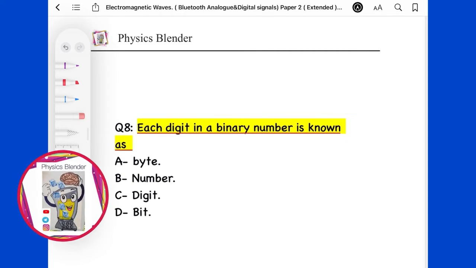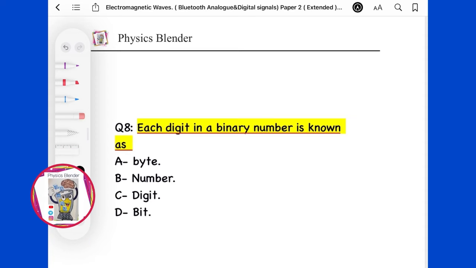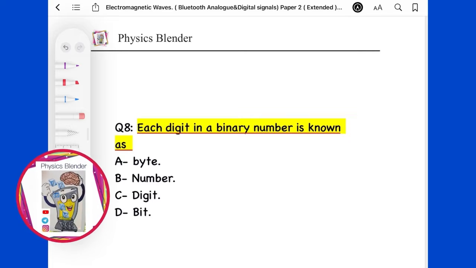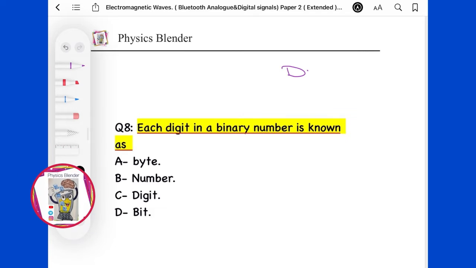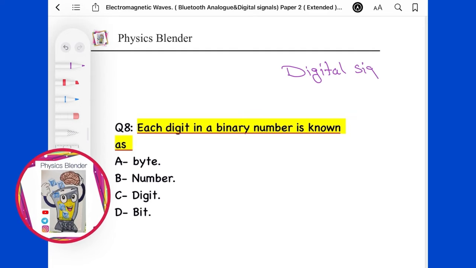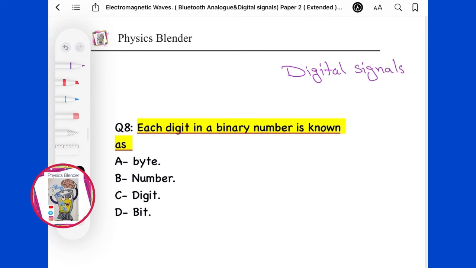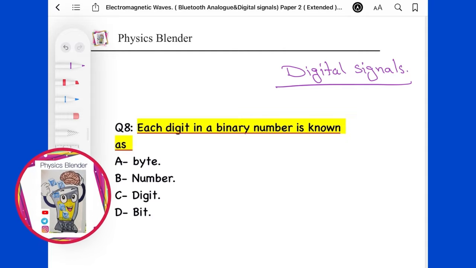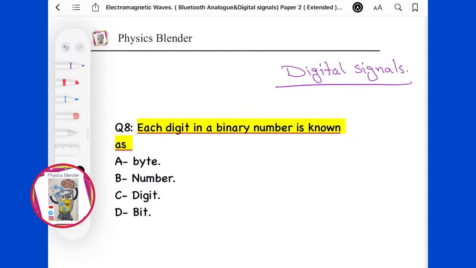Now let's mention some important points about the digital signals. So digital signals, we are transmitting information. They are transmitted as sequence of numbers.